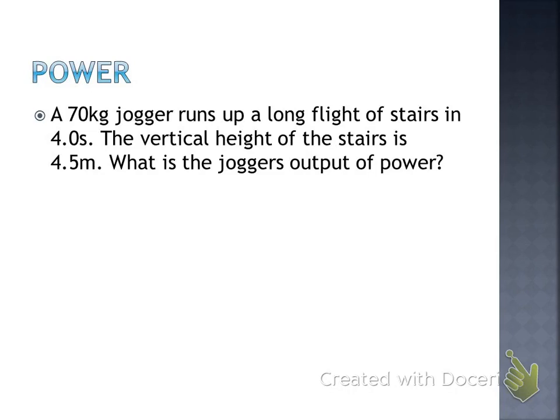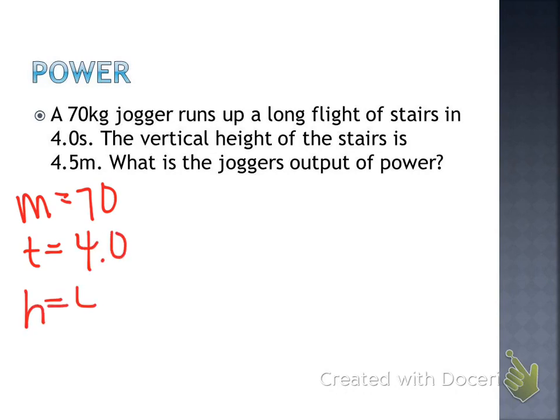So we're still going to find his work done by the change in potential energy, and we're still going to find his power by taking that, how much time it took him to do that. Okay, so our mass is 70, time is 4, and our height is 4.5.